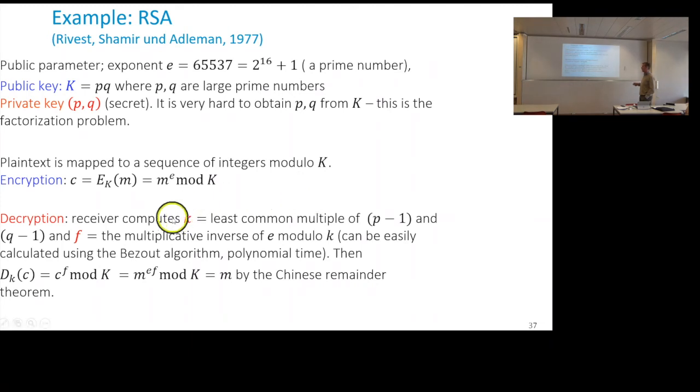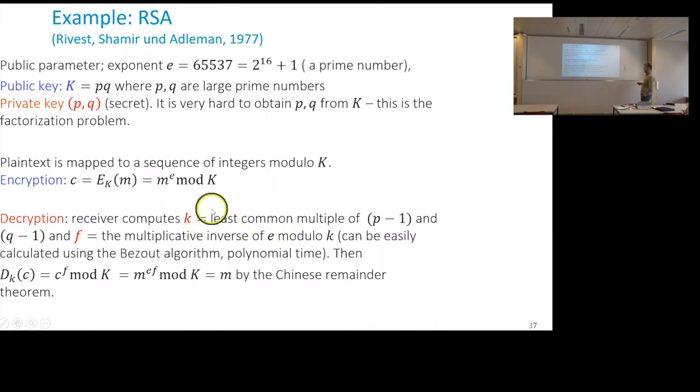It's easy to do if you know the secret key, thanks to what is called the Chinese remainder theorem. The Chinese remainder theorem tells us that if I give you the encrypted text, C, and if I compute its power modulo k, so the power f, where f is a magic number, which is the inverse of e modulo this thing here.